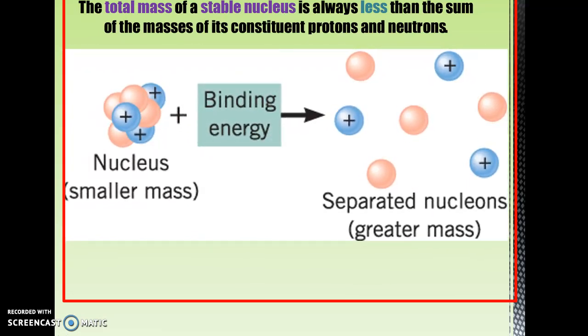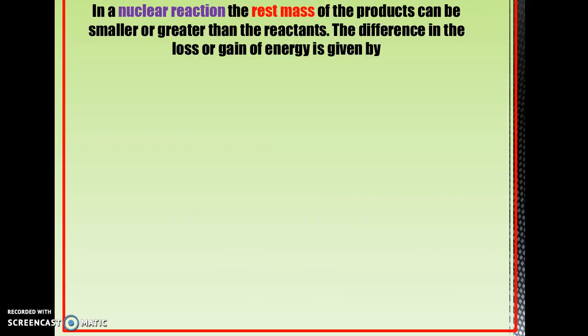So that's what we're talking about here. In a nuclear reaction, the rest mass of the products can be greater or smaller than the reactants. And the difference, that loss or gain of energy, is given by E equals delta m c squared.